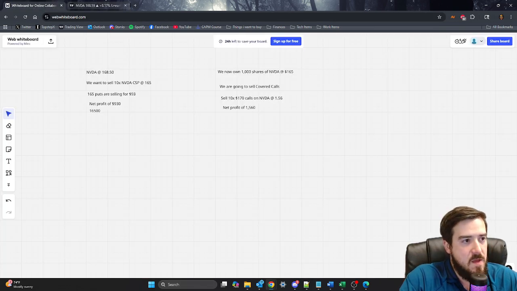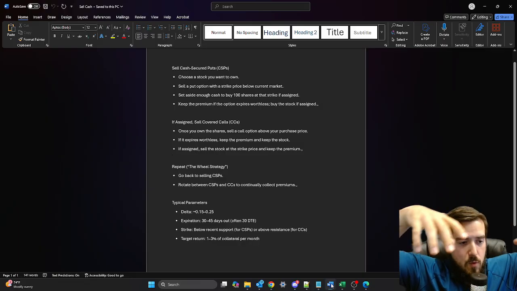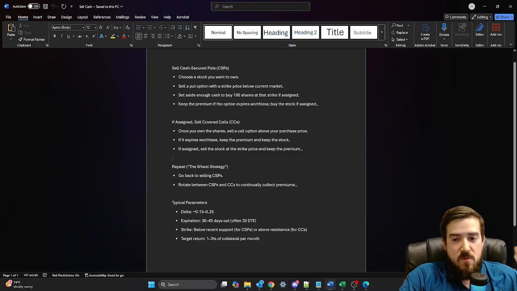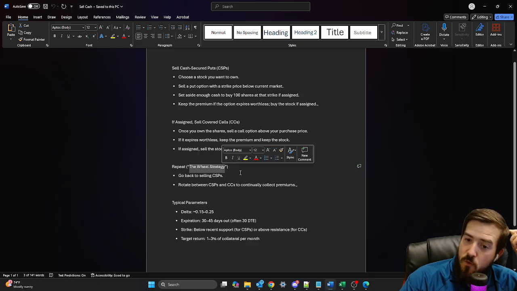So that is the basis of it from a 10,000 foot view. It gives you the idea of risk management and how you go about that. But that's why it's called the wheel, because you just keep it rolling, right? Over and over.